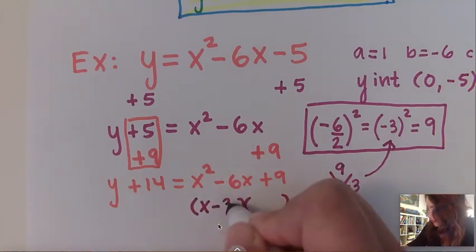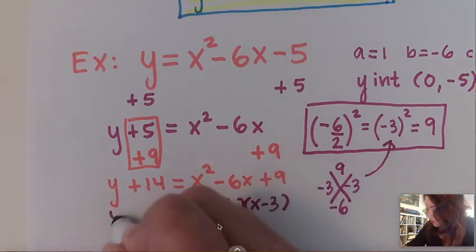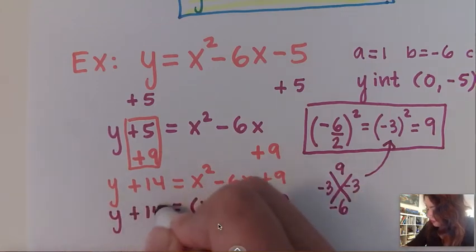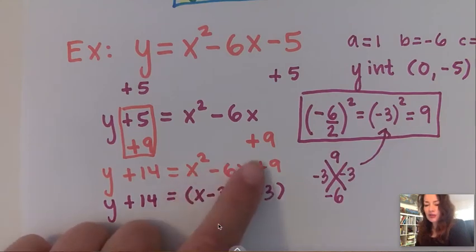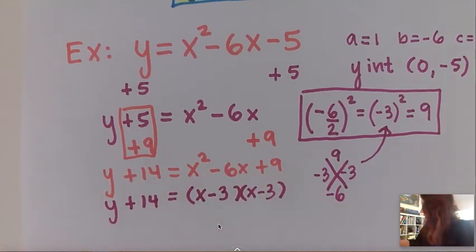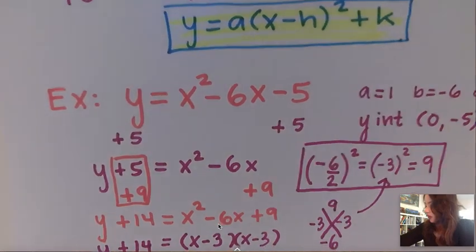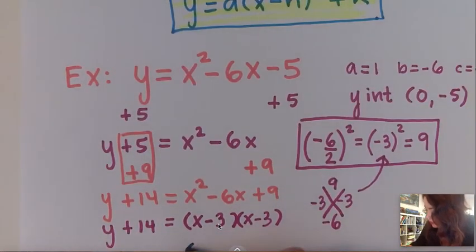So this is (x minus 3) times (x minus 3), and I will just rewrite what we have on the left. Once I factor this trinomial, I have two identical binomials. I can rewrite these as (x minus 3) squared, and on the left we have y plus 14.